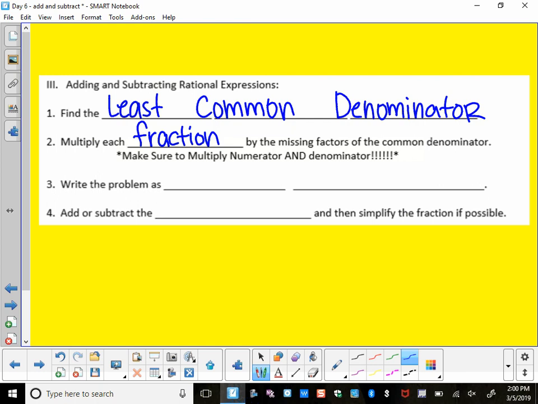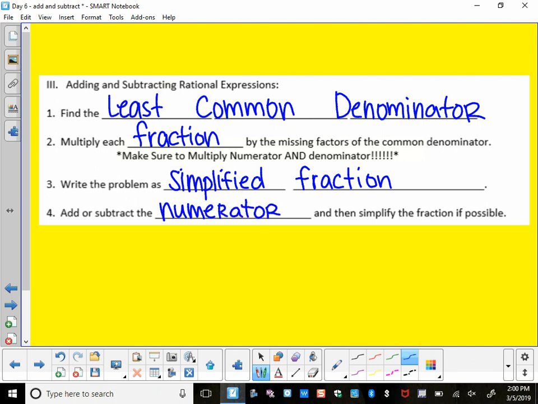And then you want to write the problem as a simplified fraction. And then you add or subtract the numerators, and then simplify the fraction even further if you can.